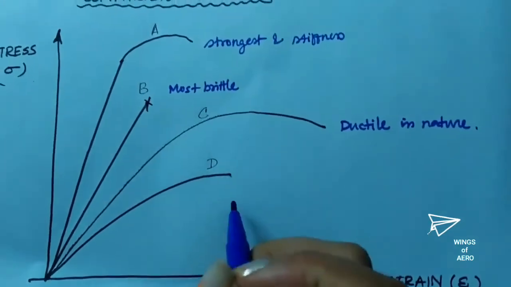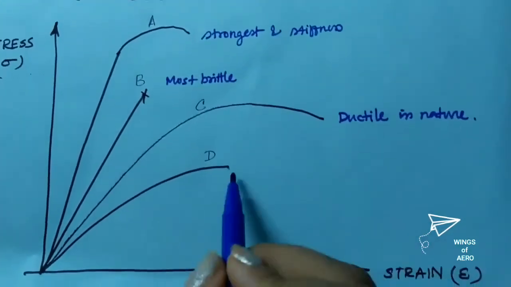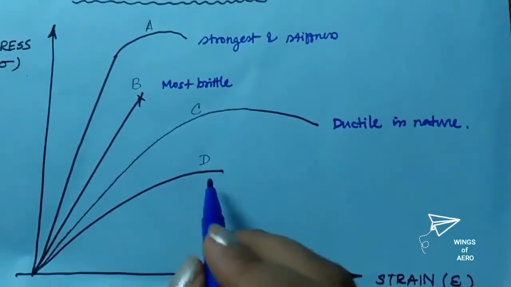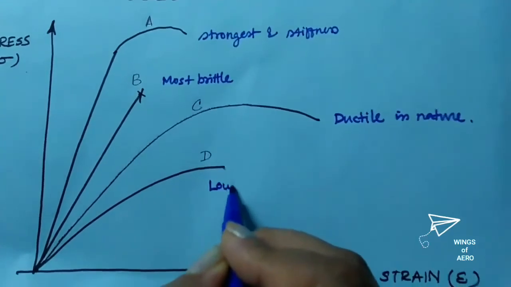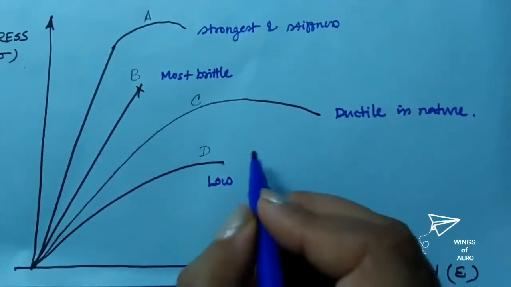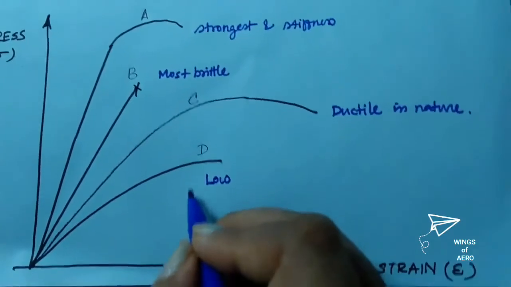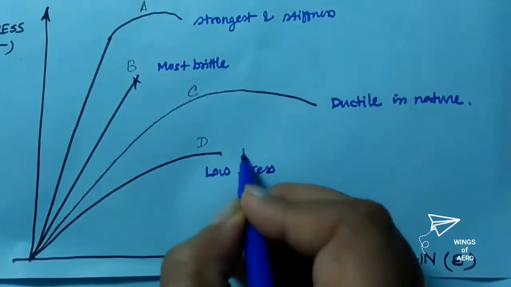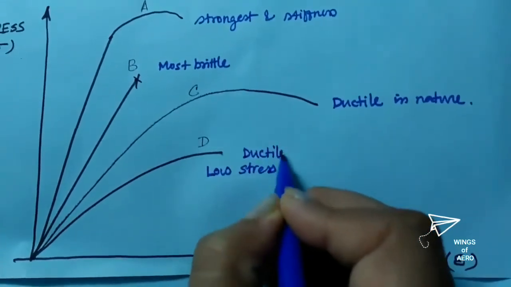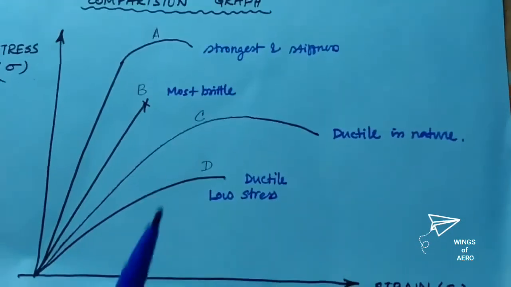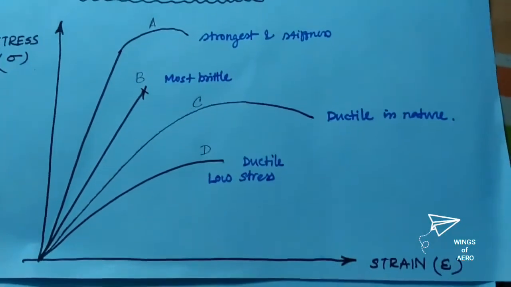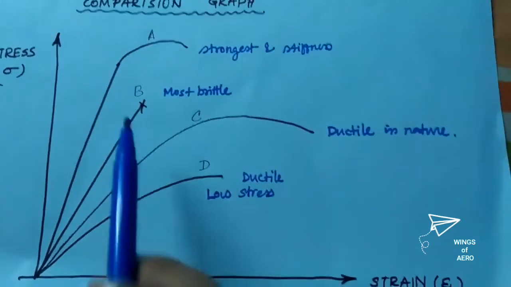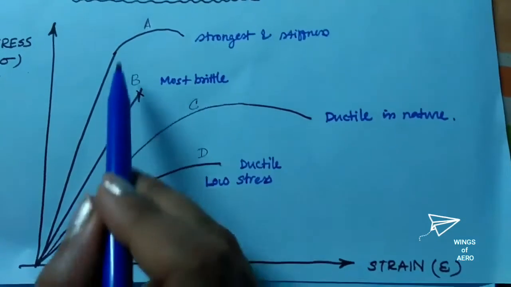And D says that since it ruptures before this point, it is also a ductile material, but a material whose stress is low. Okay, so if the question comes in that way, with these kinds of curves given, how can you predict which one has the maximum slope?